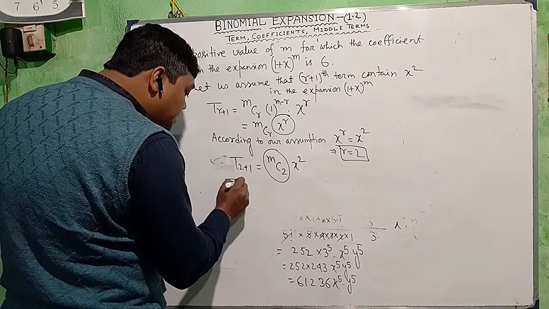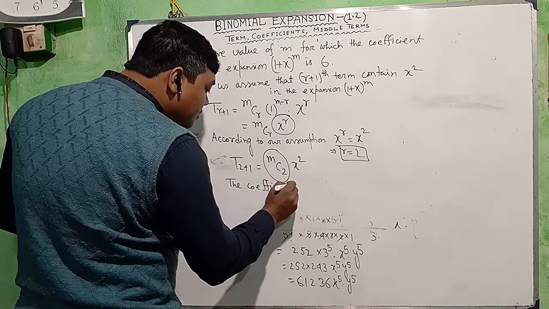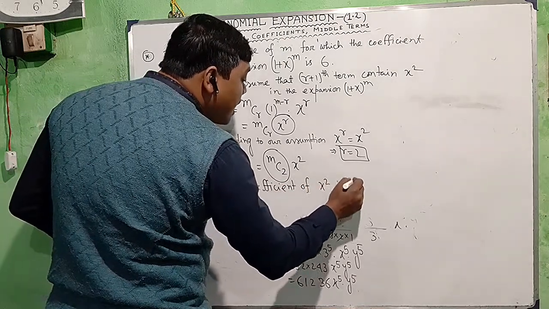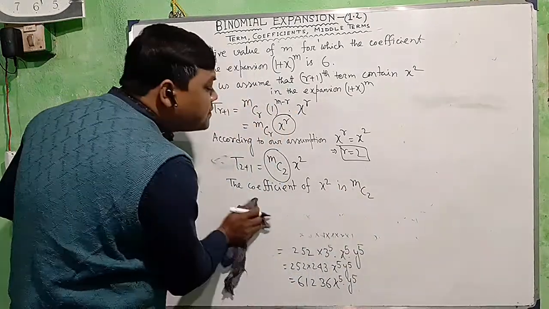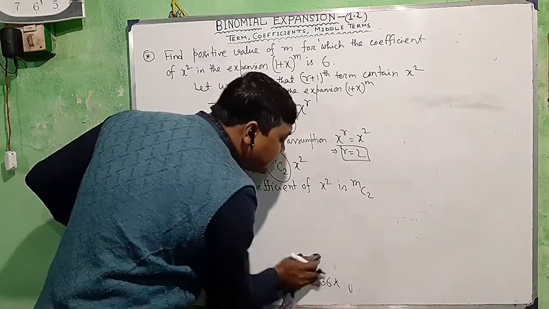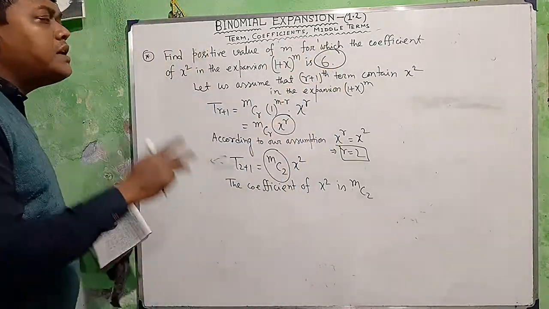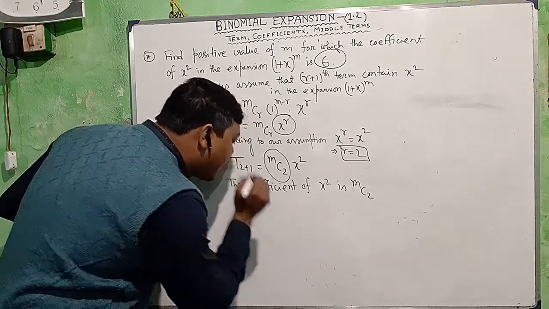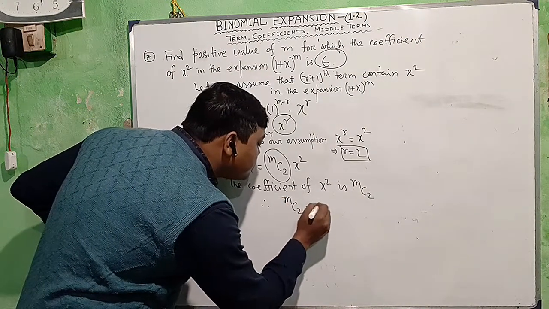So according to the condition, the value of m c 2 is 6. This information is already given in your question. Therefore m c 2 equals 6.